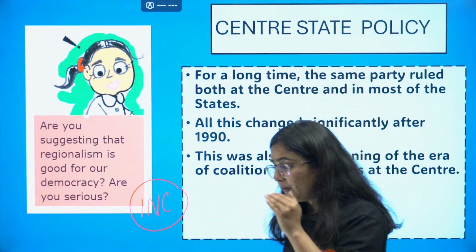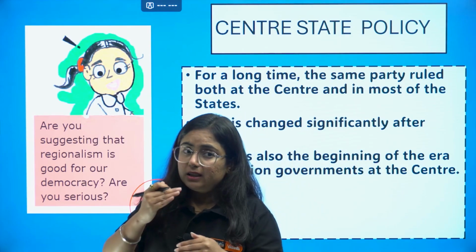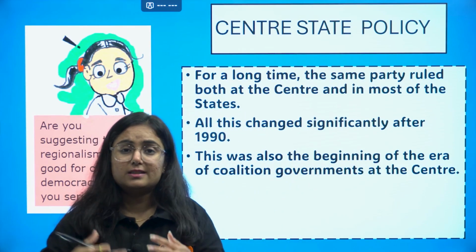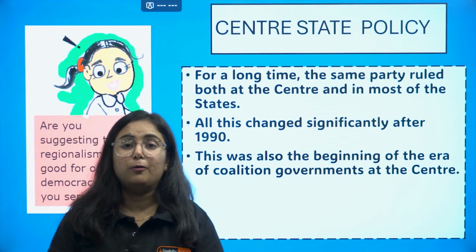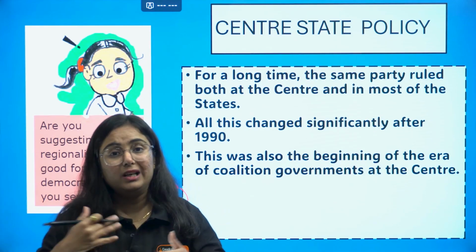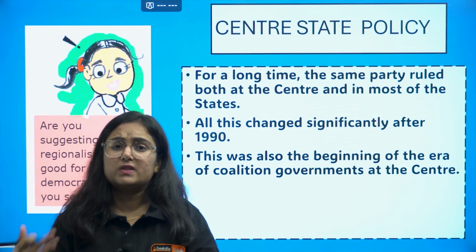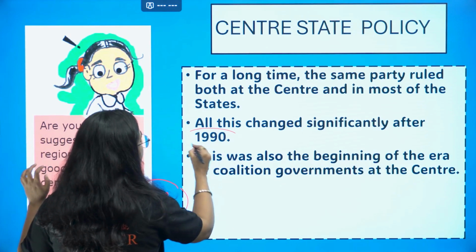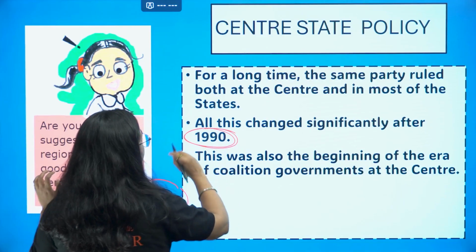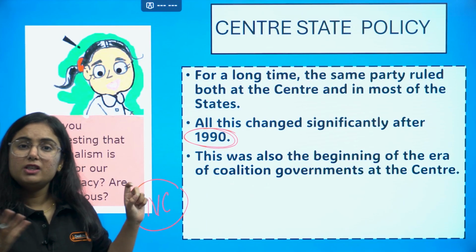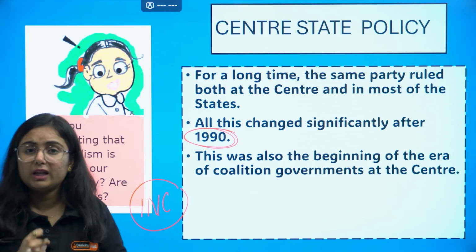However, gradually regionalism grew, and as a result many regional political parties held themselves in democratic politics. This all changed after 1990, and gradually regional political parties were also coming into power.